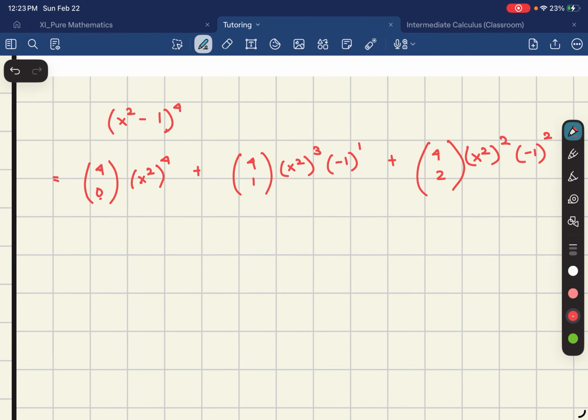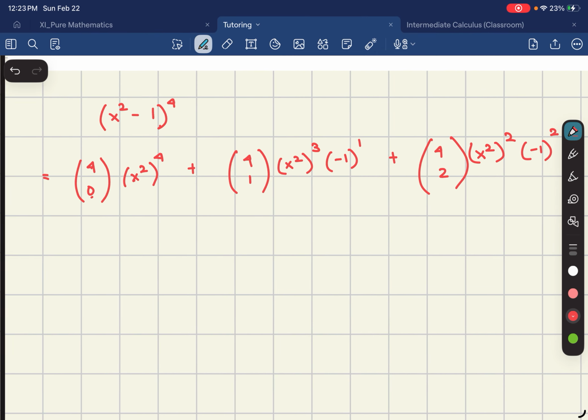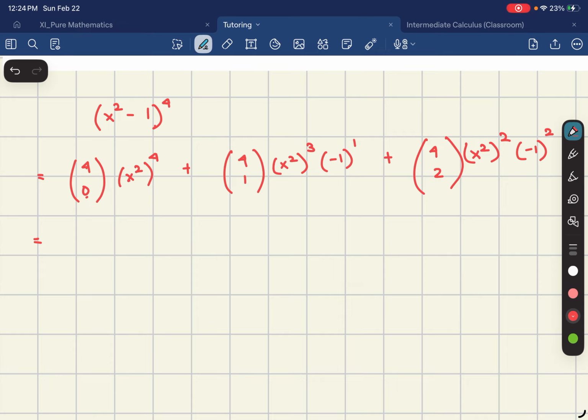And now we can solve this. 4C0, actually nC0, is just going to be 1 all the time. If you have 4 objects and you have to select none of them, then there's only one way of selecting none of them. You just don't select anything. So that's just 1. So x to the power 8 plus 4C1, that's just 4, times x, 2 times 3 is 6.